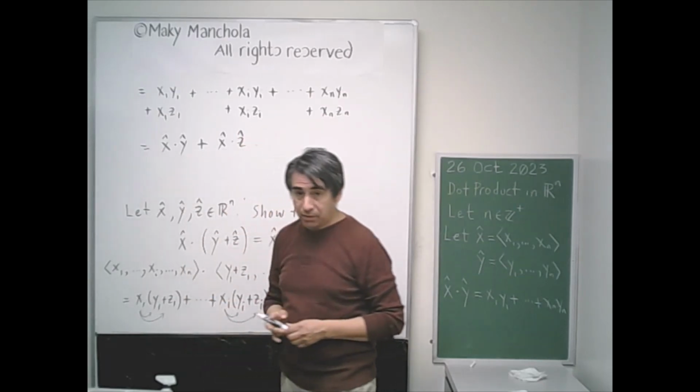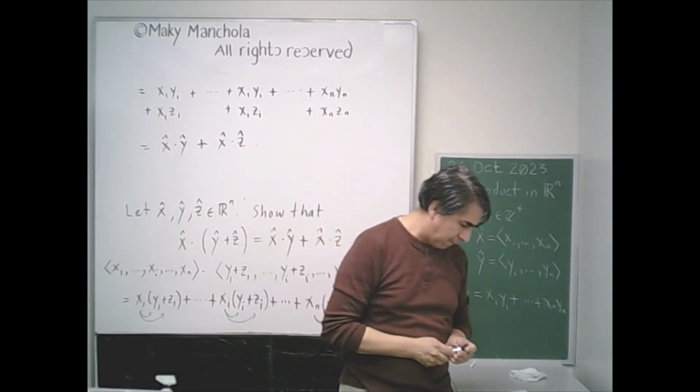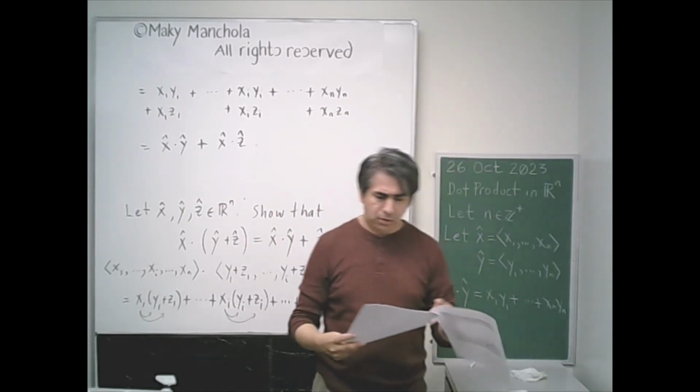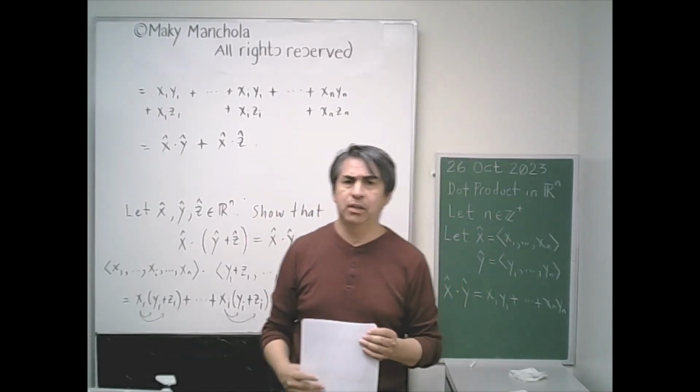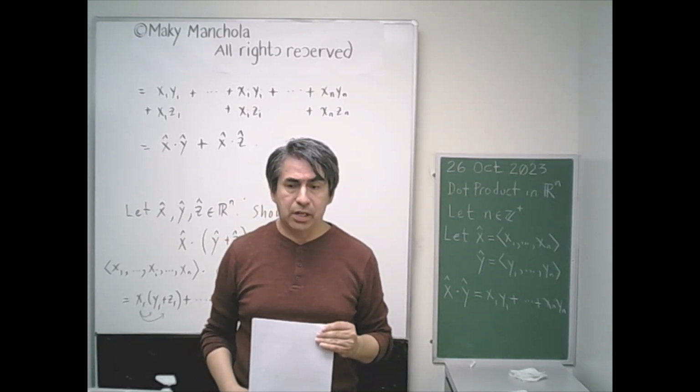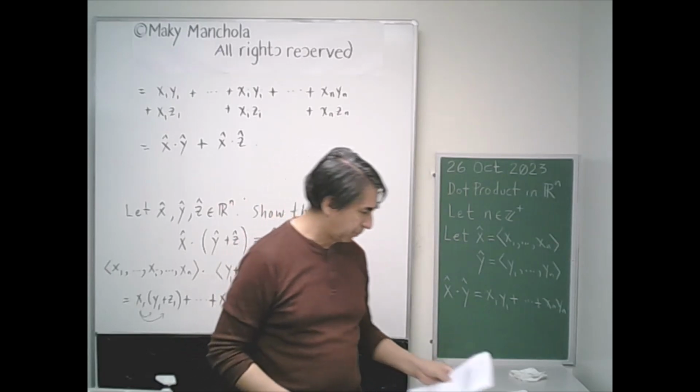And that completes that proof. Okay, let's continue. Let's now define what the norm of a vector in Rn is.